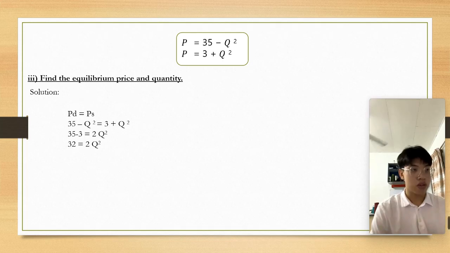We use 35 minus 3 equals Q squared plus Q squared, and then we get 32 equals 2Q squared. After that, we divide 32 by 2, and then we get 16.